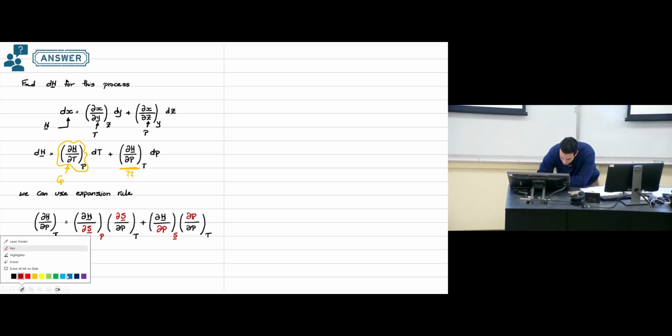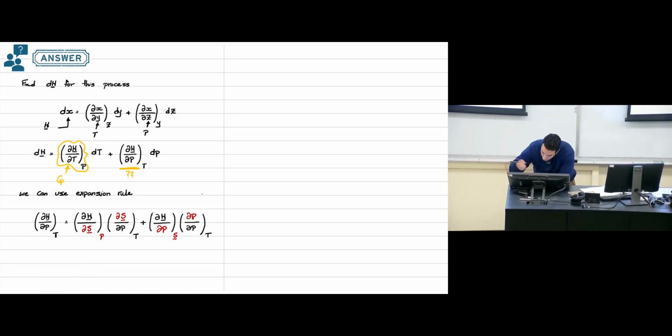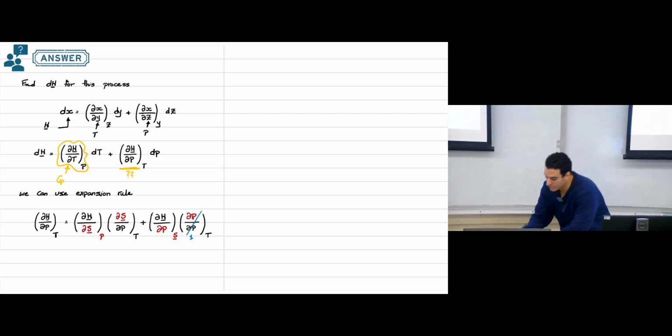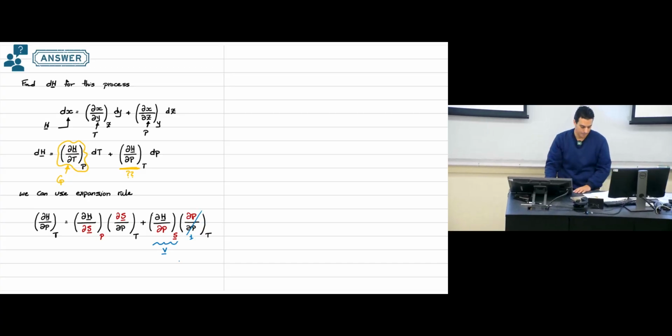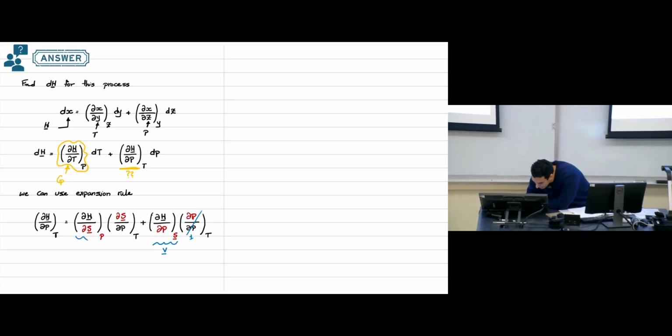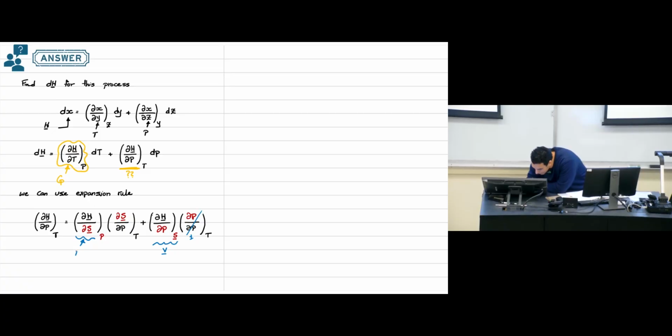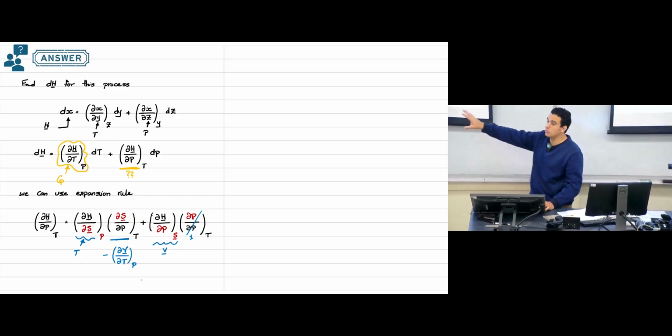If I did this, now I can see the following. Here I have dP by dP. This is 1, the derivative of a variable with respect to itself. This one here, from fundamental property relations, is molar volume. This one here, from fundamental property relations, is temperature. And this one, from Maxwell relations, will be negative dV by dT at constant pressure, and this is a partial derivative we like to have.